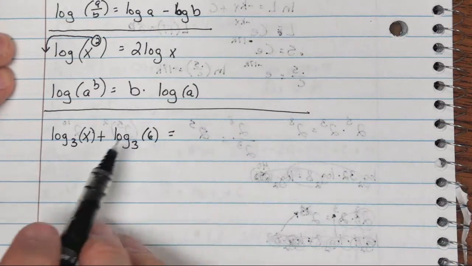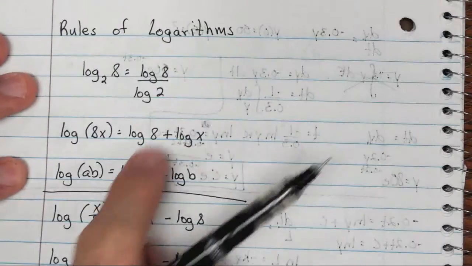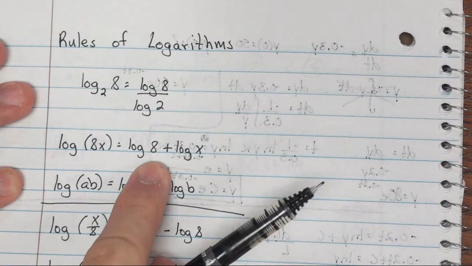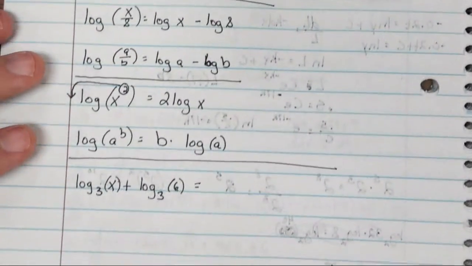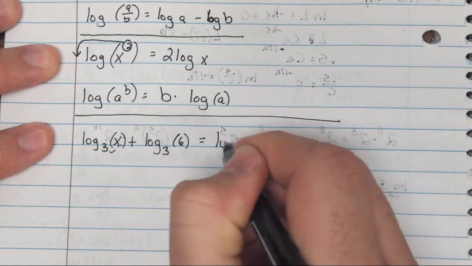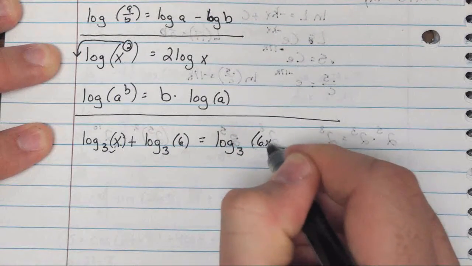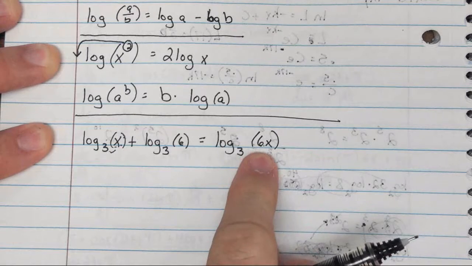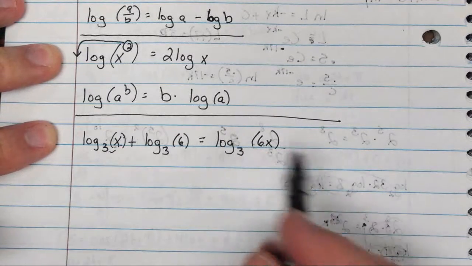From your very first rule, your product rule, we're working these backwards. Log 8 plus log x was equal to the log of 8x. Log base 3 of x plus log base 3 of 6 can be written as a single log by multiplying. We can work it forwards or backwards. Why did I put the 6 first? Just because 6x looks better than x times 6.